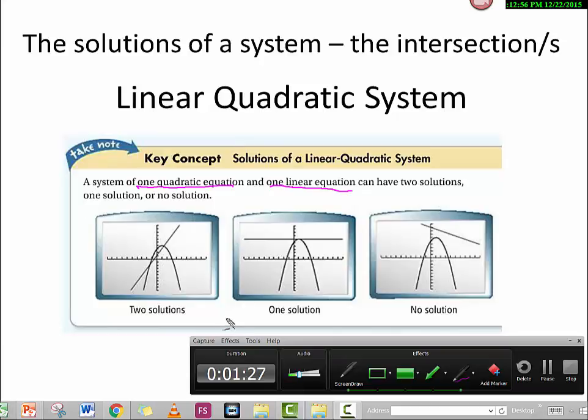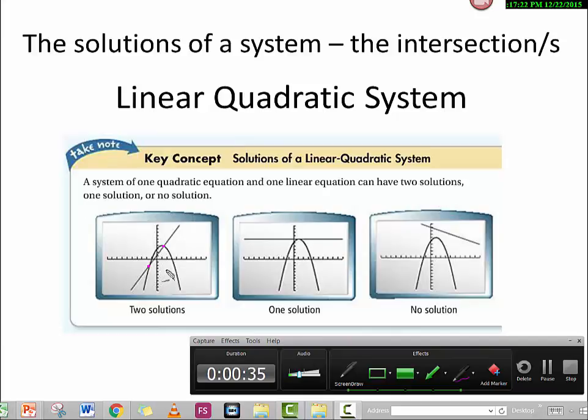So this is the really basic form of a linear quadratic system, in which you have only one quadratic equation and one linear equation. In this basic linear quadratic system, you have only three scenarios. The first one, you have two solutions because there are two intersection points.